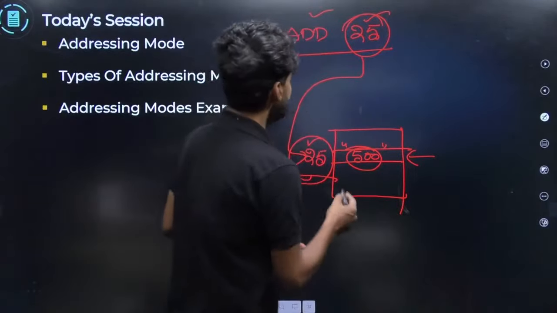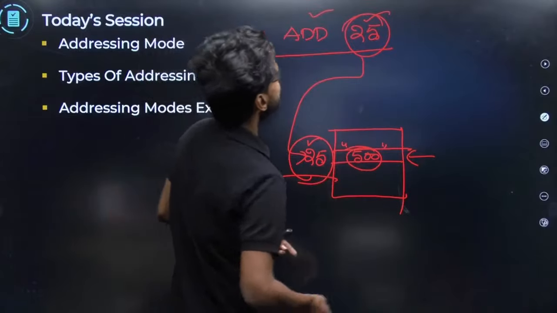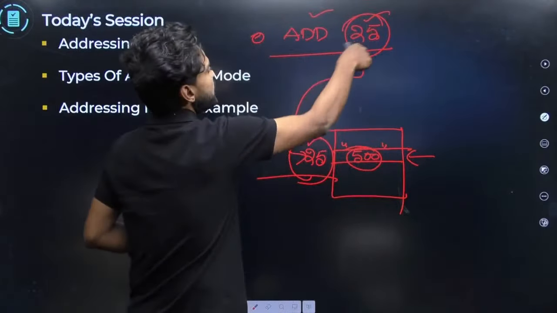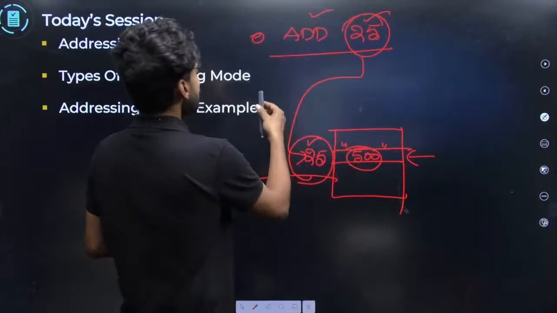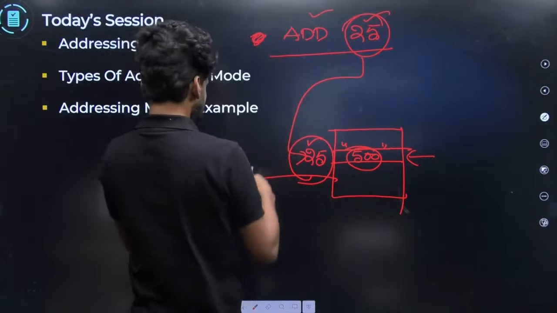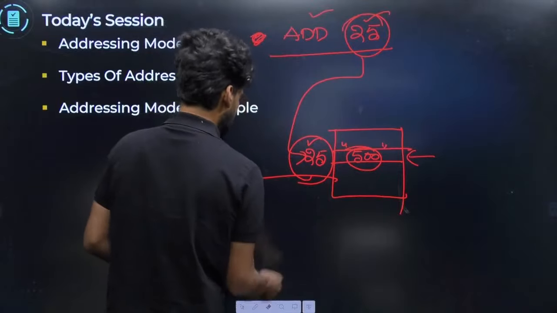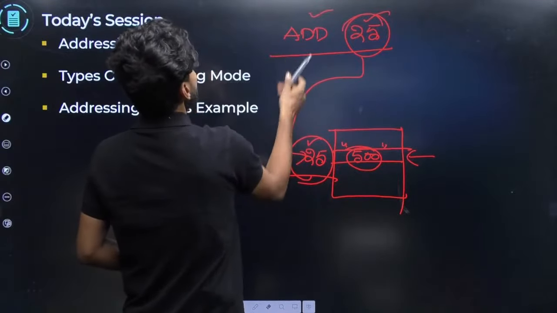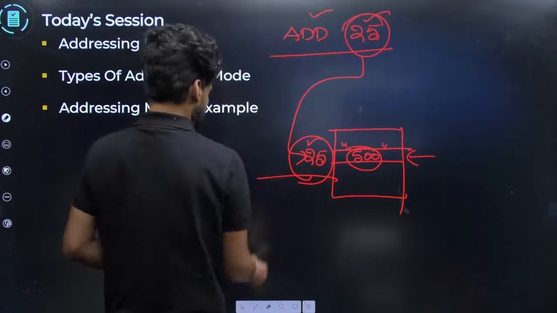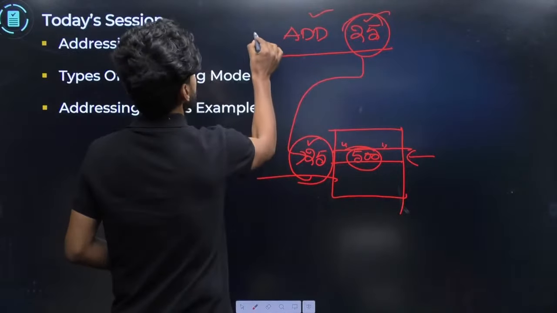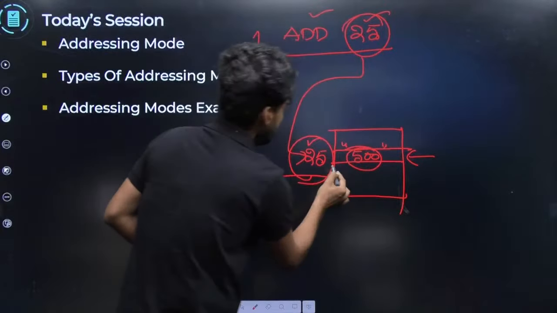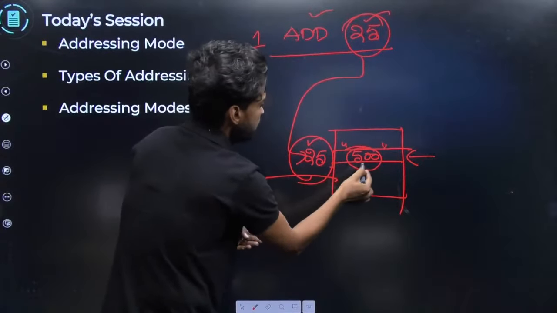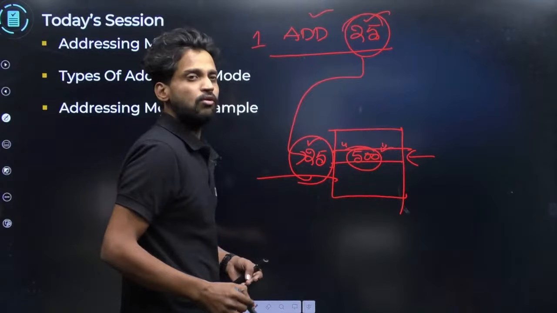Okay. Now let us say in the case of an indirect addressing mode, this 25 is said to be an indirect address. If it is an indirect address, what exactly is going to happen? When you go to the 25, you will find one more address. You don't find an operand.